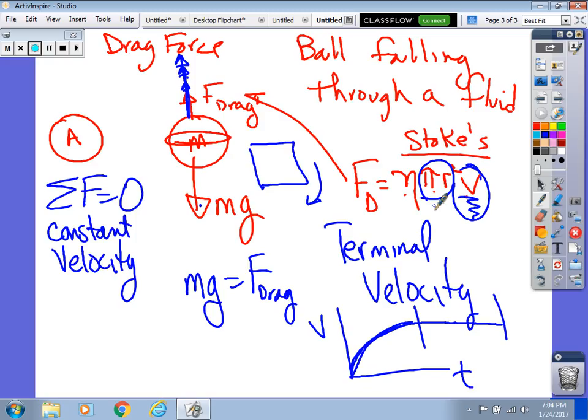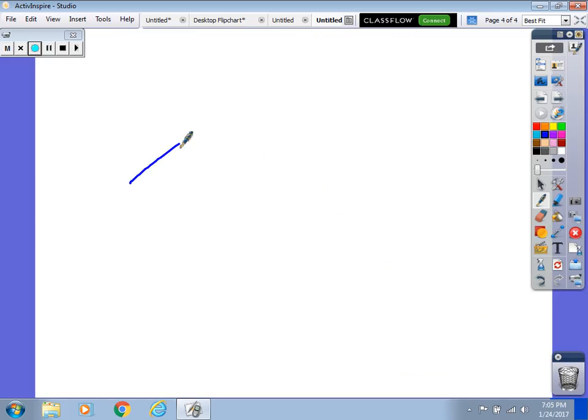That's why in all of the problems we deal with, or all the labs that we have you deal with, we deal with spheres because they're regular shaped, and even if they tumble, doesn't matter. They always present the same surface area. Okay? Terminal velocity.